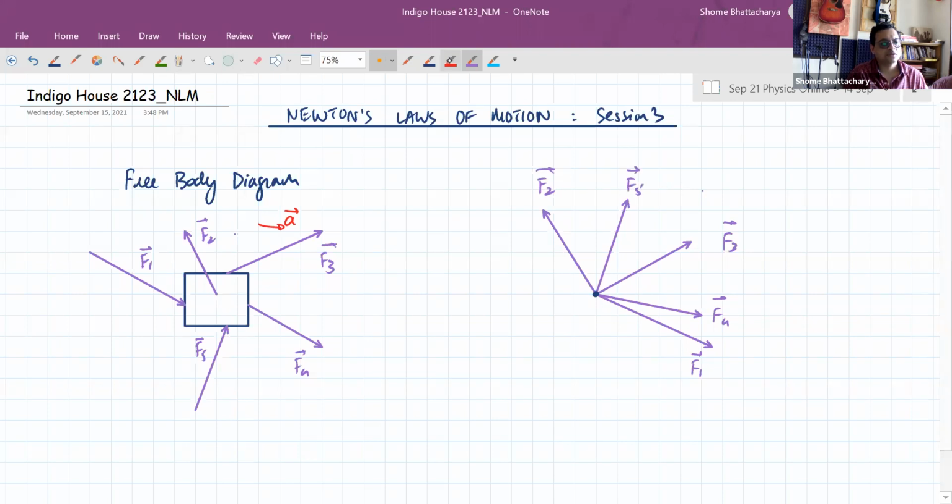So that's the first step. Then we'll have to select a proper coordinate frame, like in this case, this might be our system of axes. And according to that system of axes, we'll have to resolve the forces.